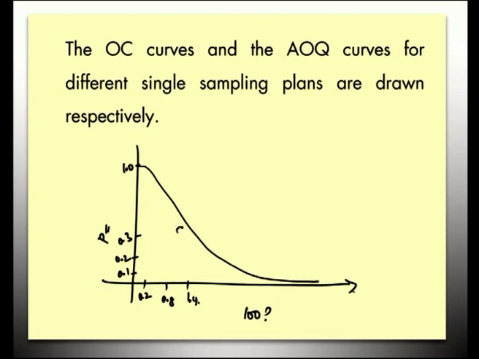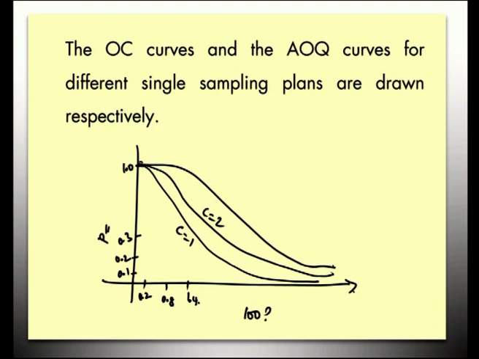This is for C is equal to 1. The next curve is for C is equal to 2, and the next curve is for C is equal to 3. So, the OC curves and AOQ curves for different sampling plans corresponding to C is equal to 1, 2, 3 are drawn for the lot size capital N is equal to 5000 and small n is equal to 100 and C is equal to 1, 2, 3.